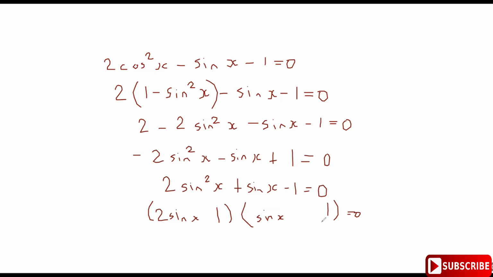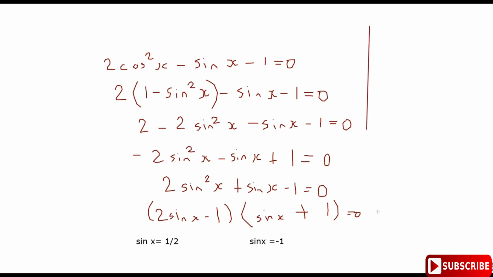The product is positive, sorry, so this one is plus, this one is minus. So from this side, what we're getting is sine x equal to a half. And from this side, we're getting sine x equal to negative 1. That's what we're getting. Nice.